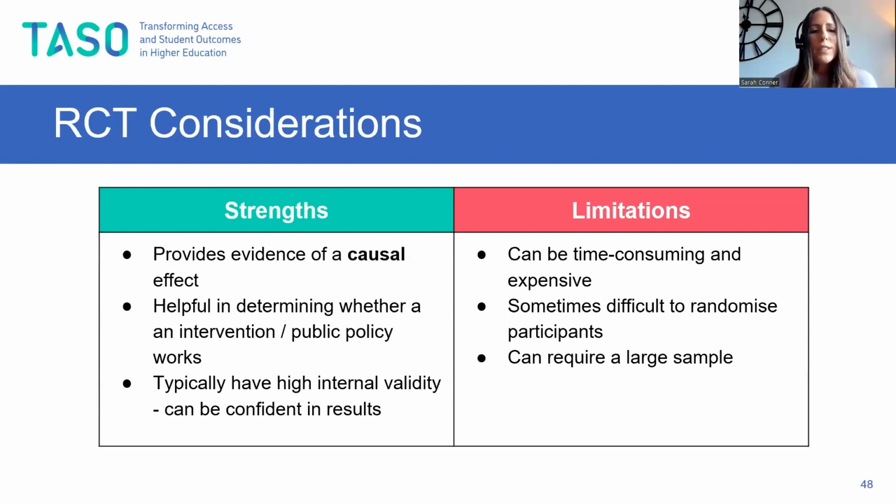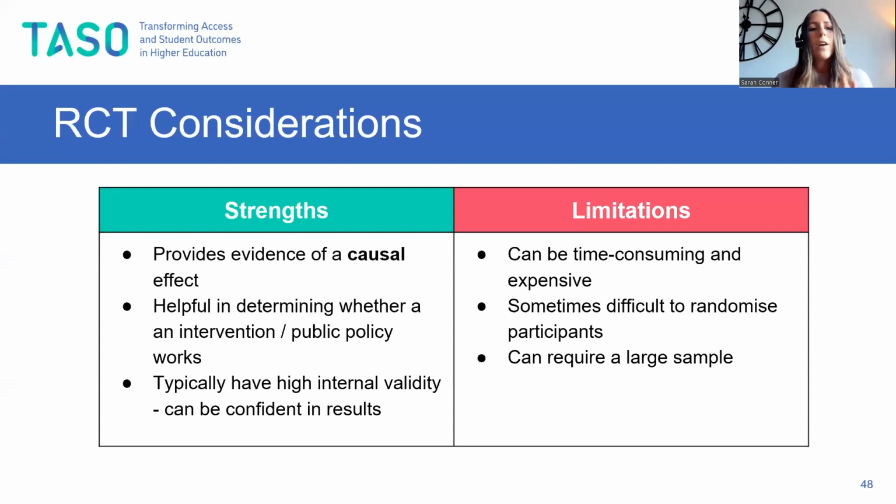But there are some obvious limitations as well. It can be quite time consuming, expensive and difficult to randomize. If you're working with a lot of different providers or different schools, it can be difficult. There are lots of things to consider when randomizing, and you do need a really large sample, because if you have a small sample, characteristics aren't going to balance out as well across treatment and control groups.